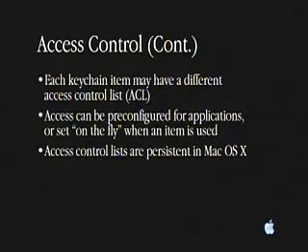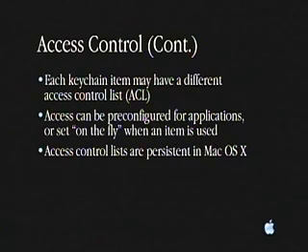So every item in the keychain can have its own access control list, and you can configure these individually. You can allow any application to access a particular item, or you can restrict it to just one application or a whole series of applications. You can use the Keychain Access utility, which is available in the Utilities folder, to pre-configure access. And I will show you a little demo of that later.